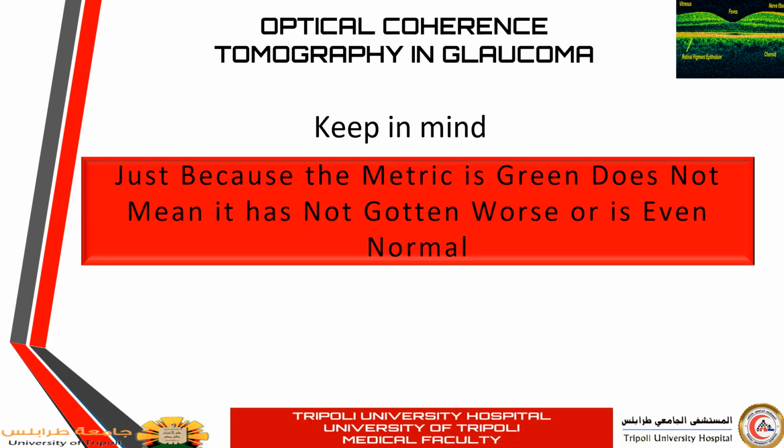Just because the metric is green doesn't mean that your patient has not worsened, which is named progression in green. If your patient has progression in the green zone, you might miss that he is at risk of developing glaucoma.